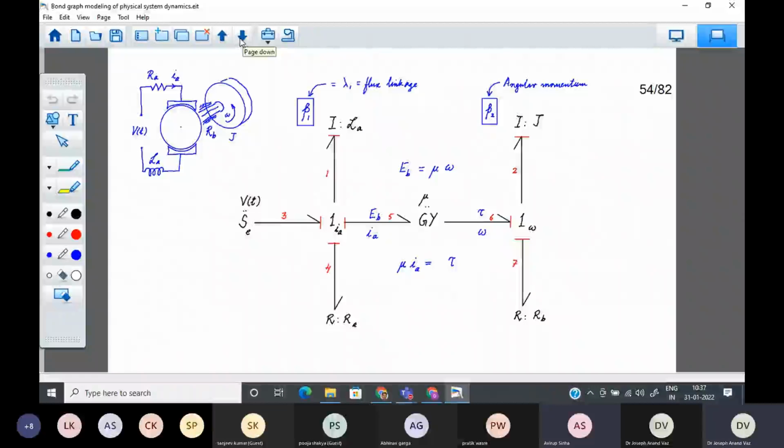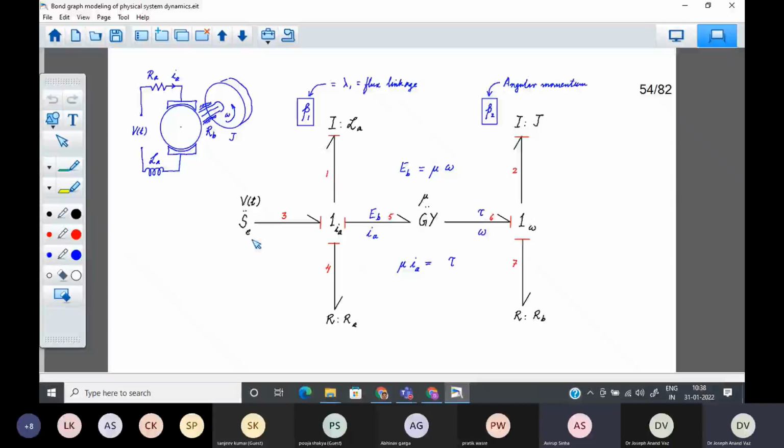Let's take an example today of an electromechanical system, the bond graph for which we have already constructed in our previous lecture. So here we have the electrical system and the mechanical system and the electromechanical connection between the two.